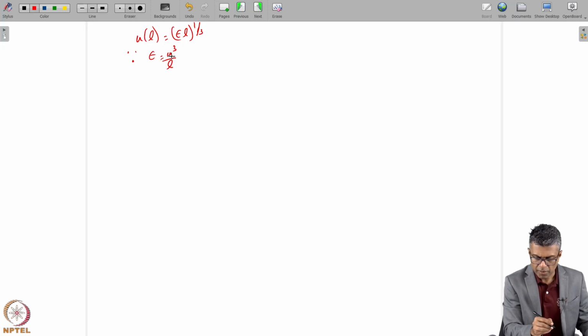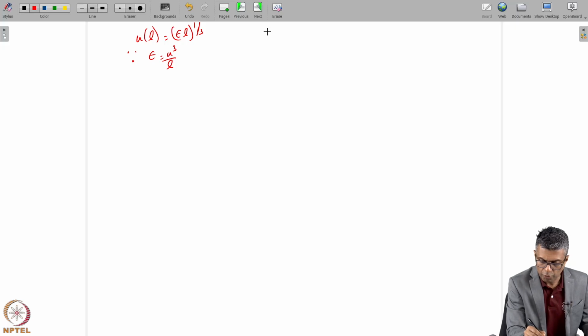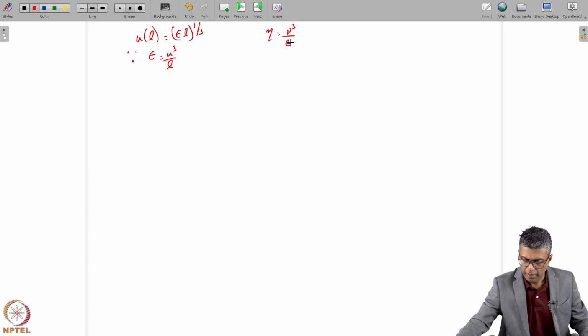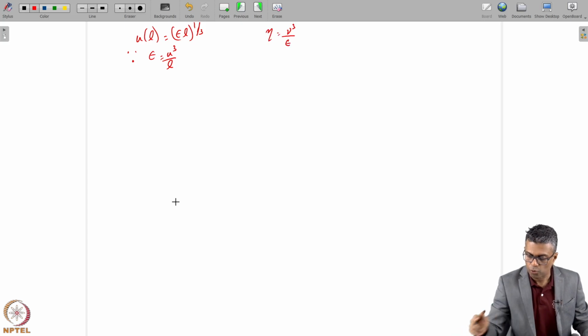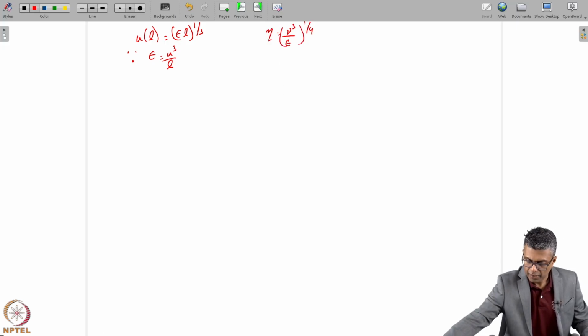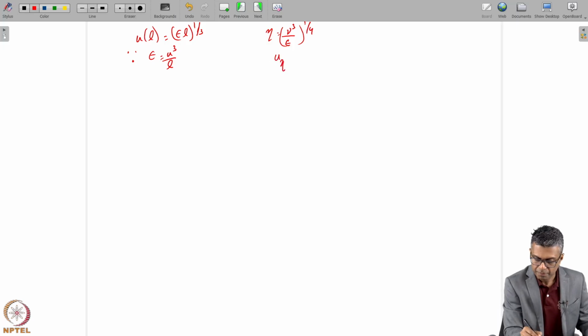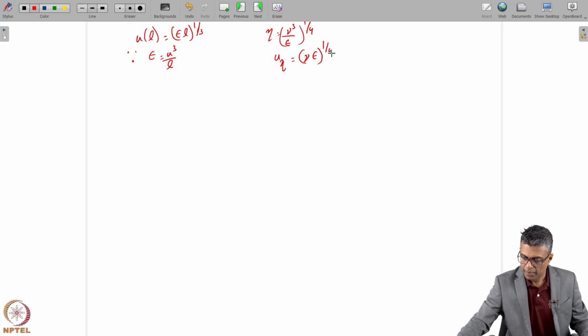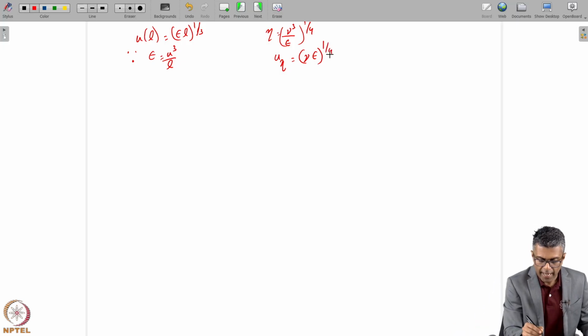So that means now if I use one of those Kolmogorov relationships, eta is (nu cubed over epsilon)^(1/4). And I also have u_eta equal to (nu epsilon)^(1/4). Isn't it? So eta to the fourth, epsilon to the 1/3 from here.